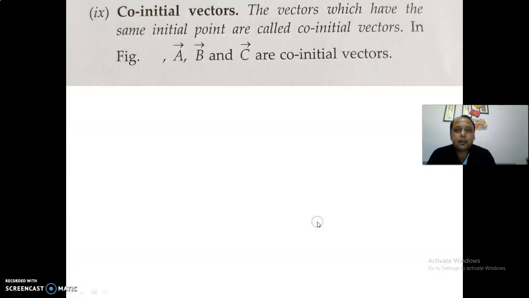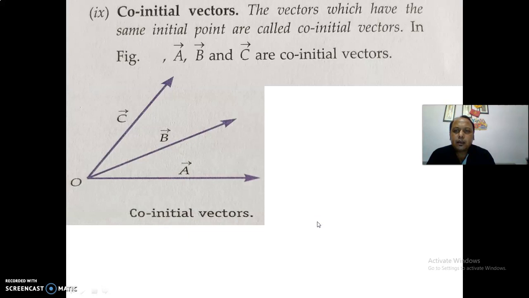Okay. Now the next type of vector, co-initial vector. As the name suggests, co-initial means same initial point. You can see vector A, vector B, vector C, they have the same initial point O. So these vectors A, B and C are co-initial vectors.